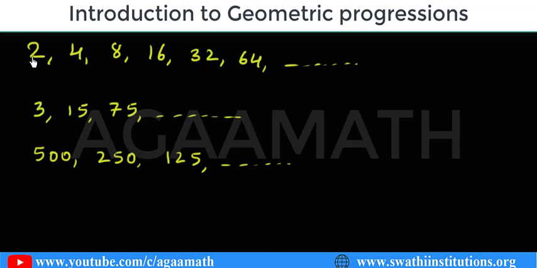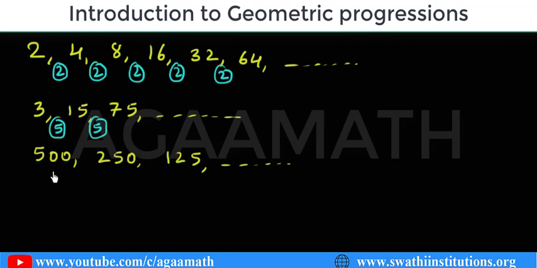If you observe the sequences which are increasing, in the first sequence, observe carefully that every number is multiplied with 2: 2 to 4, 4 to 8, 8 to 16, 16 to 32, and 32 to 64. Every number is multiplied with such a constant value to get the next. In 3, 15, 75, it is getting increased the same way.